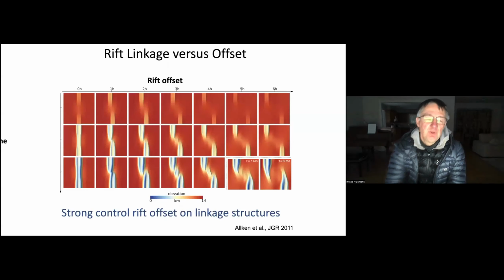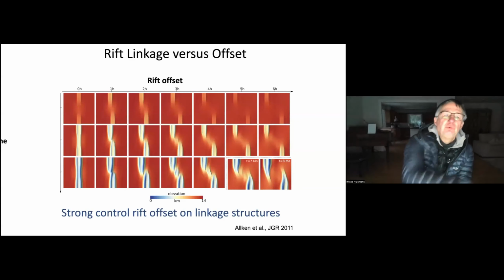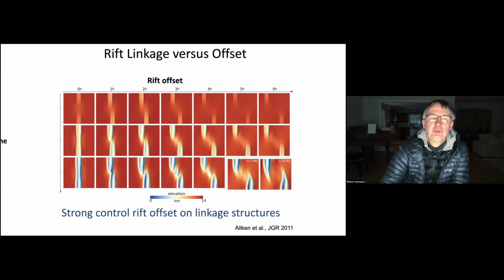So here's a set of models where you can see rift offset on the horizontal direction, from 0 offset to 6 layer thickness offset, and vertical is time evolution.